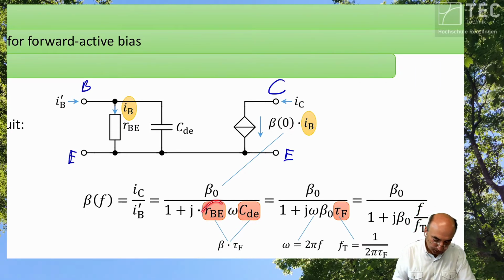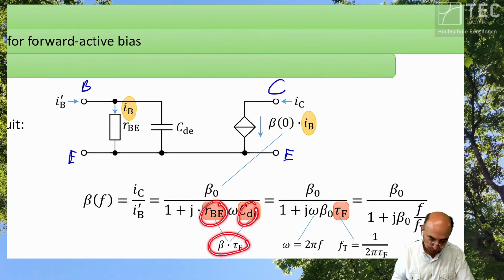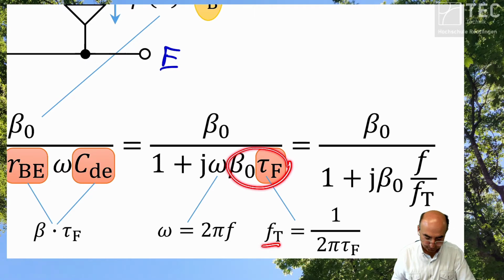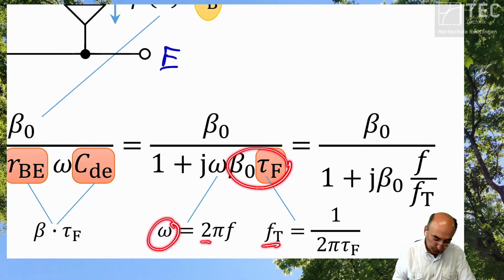Okay, now we have learned that this one is given by physics, your current gain and your flight time. And now your flight time you can replace by the transit frequency. Your omega you can replace by 2 pi f for your operating frequency.